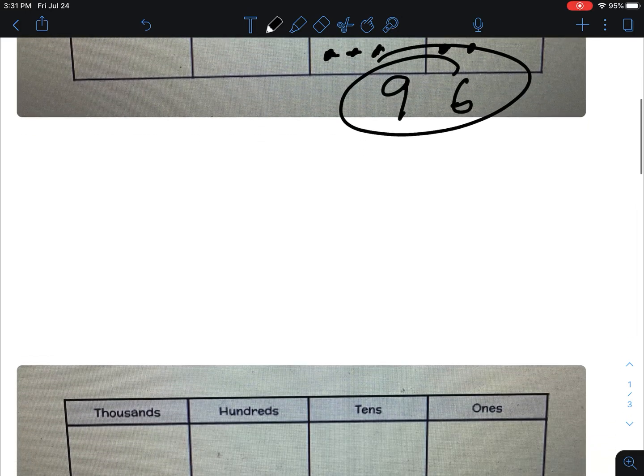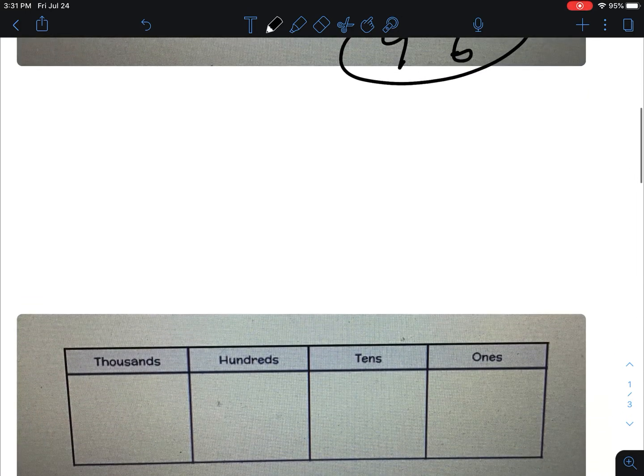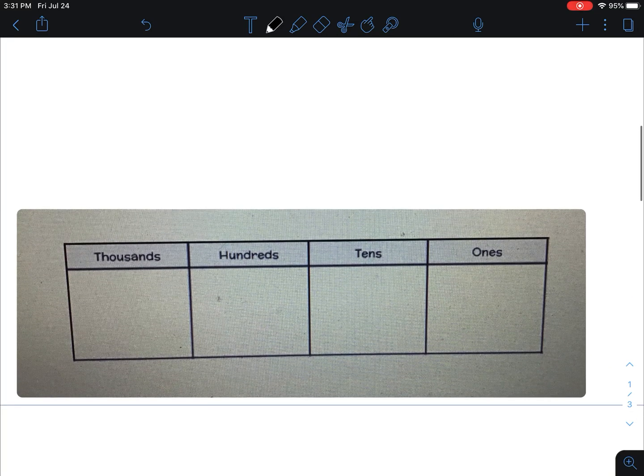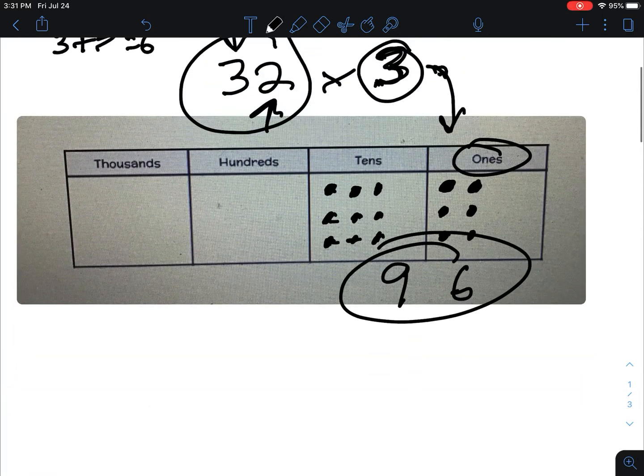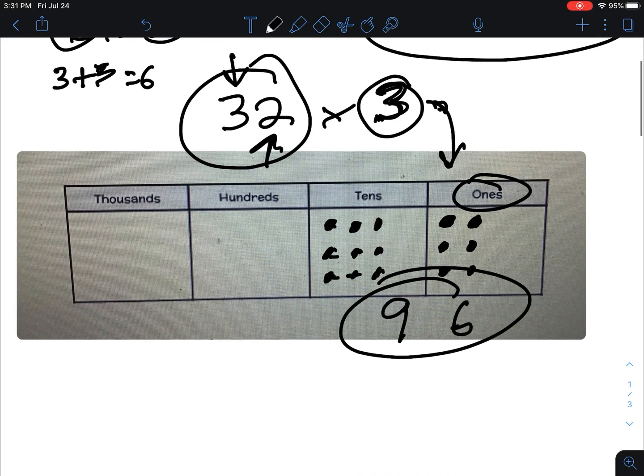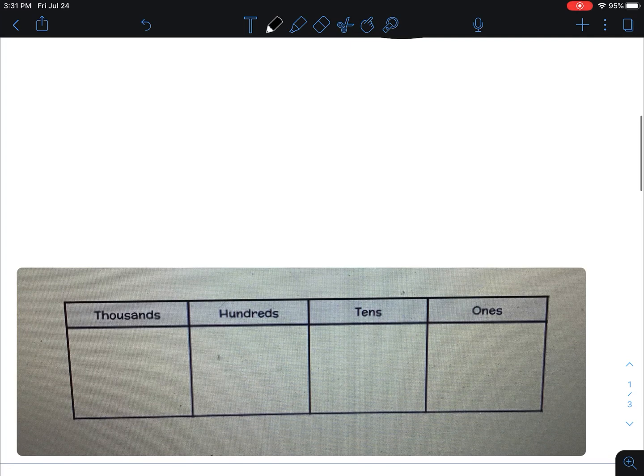All right? So what I want you to try is, I'm going to give you a problem. On a piece of paper, I want you to draw a place value chart like that, and solve this problem. I'm going to give you one that's not too crazy.